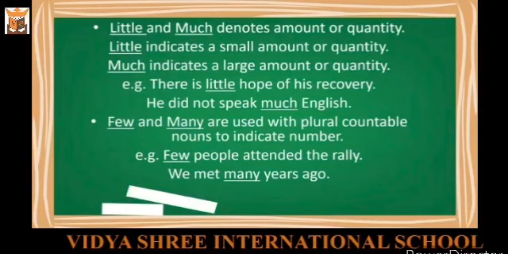Just like little, few indicates a small number of something, whereas many indicates a large number of things. We are talking about a small number of people. And if I say we met many years ago, it means that I am talking about, yes, a larger number of years. Is it clear now?